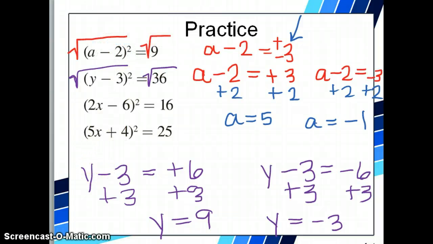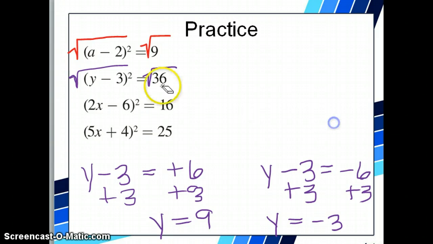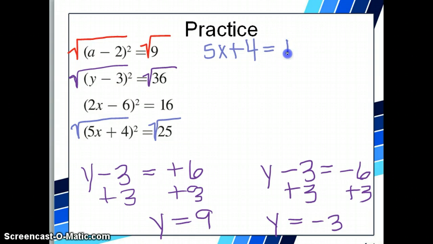Okay, I'm going to erase the top right here, give us some room to work, and we're going to do the very bottom equation. So the 5x plus 4 squared equals 25. So I'm going to take the square root of both sides. So I get 5x plus 4 equals a positive 5. Square root of 25 is going to give us a positive or negative 5.